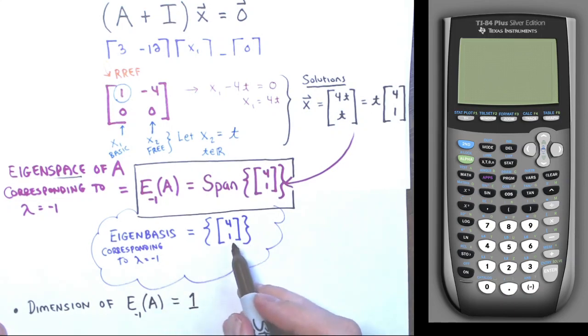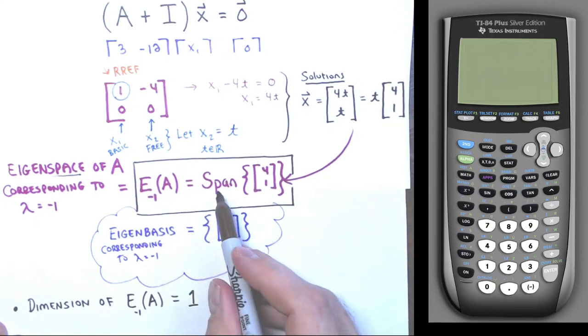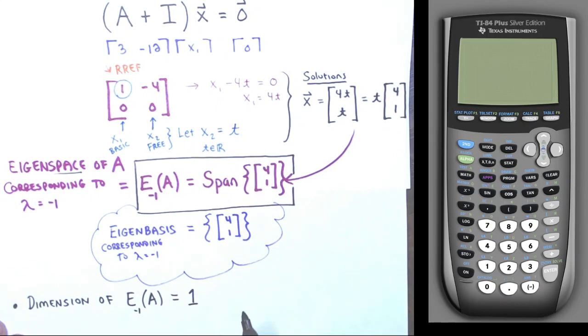There's only one vector in a basis, one non-zero vector, in the basis for this space. And oh wait, remember this had a fancy name. The dimension of the eigenspace corresponding to an eigenvalue was called the geometric multiplicity of that eigenvalue.